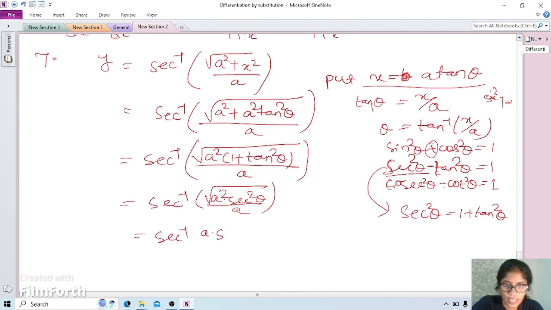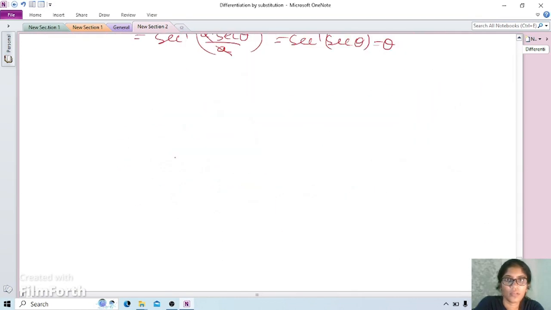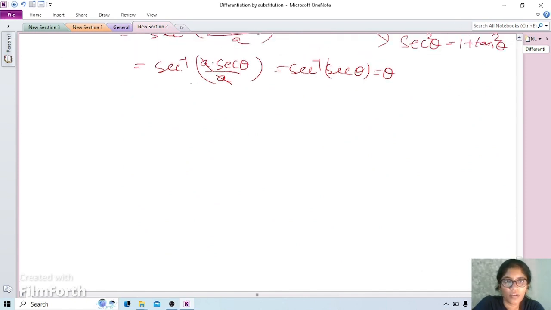Here it is equal to sine inverse 2 into under root of sec square theta minus 1, divided by t square, which means sec square theta. From this formula, sec square theta minus tan square theta equals 1.